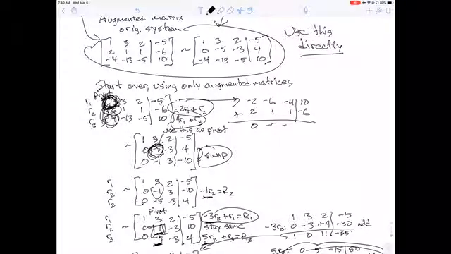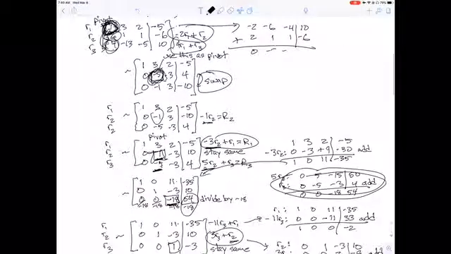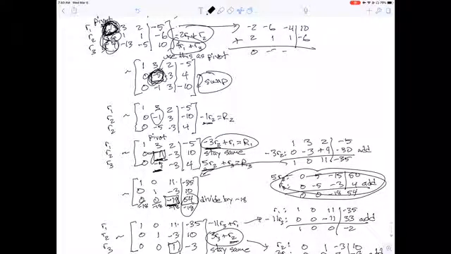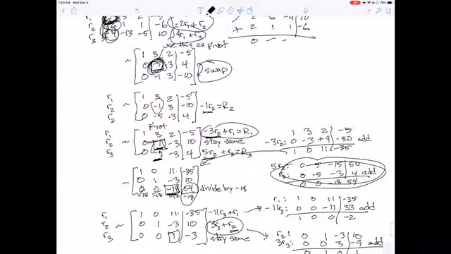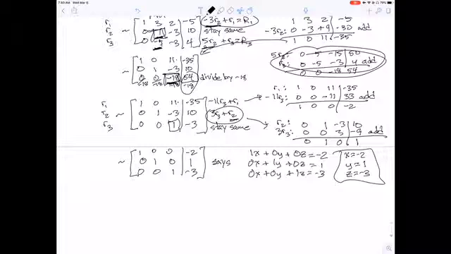And then we went through and used multiples of that first pivot row added to the second and third rows to clear out zeros. We then pivoted off the second position in row 2 by creating that as a 1, so it's a more useful pivot, and used that to clear out above and below. And finally, we had the negative 18 spot as the pivot position. We wanted that to be a 1, and we could use that 1 as a pivot to clear out the 11 and the negative 3.